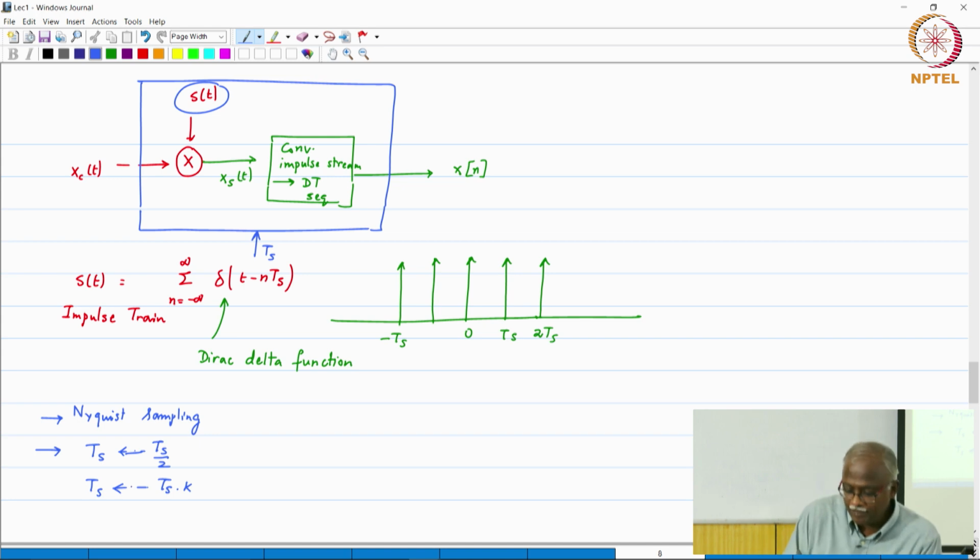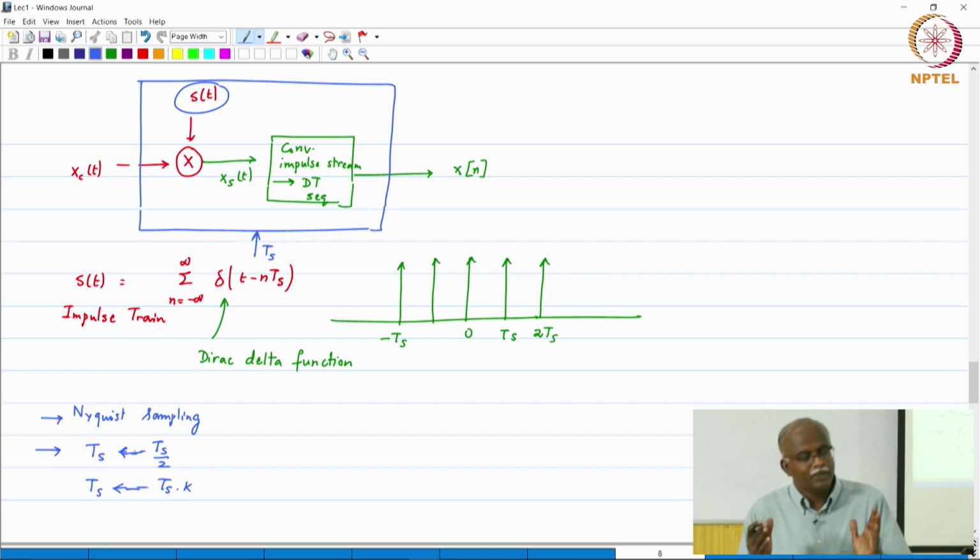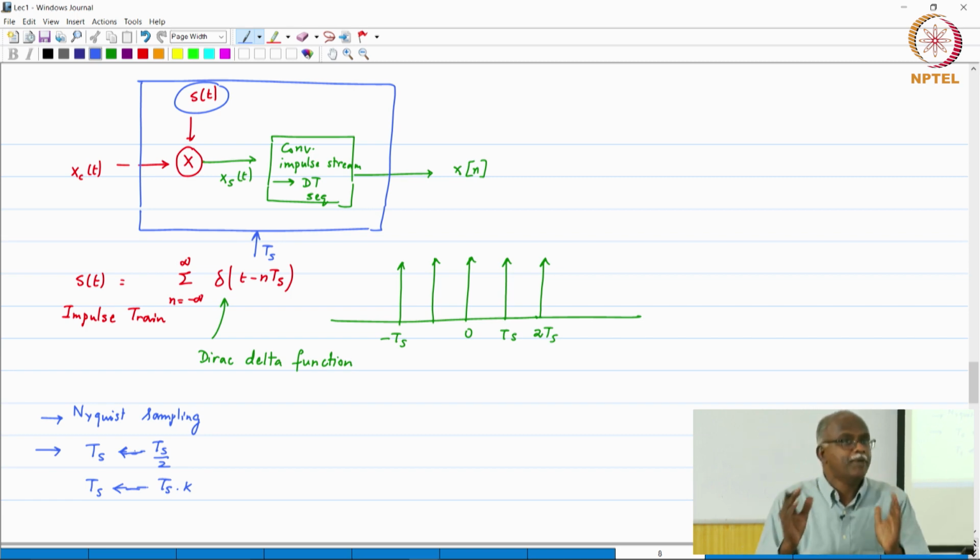I have basically introduced a larger sampling period. And when we expect that aliasing may become a problem, how do we understand and implement it, and how do we take advantage of it in the context of a multirate system? Those are some of the essential elements that we will be studying in the course.